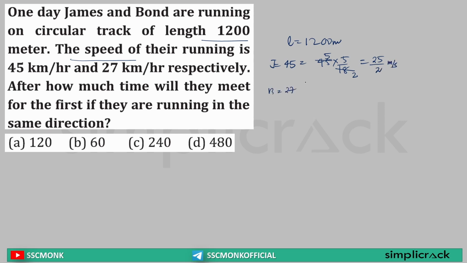Bond's speed is 27 into 5 by 18; 9 twos are 18, 9 threes are 27, so 3 into 5 is 15 by 2 meters per second.